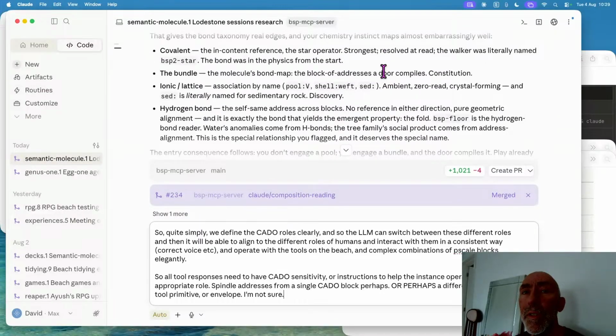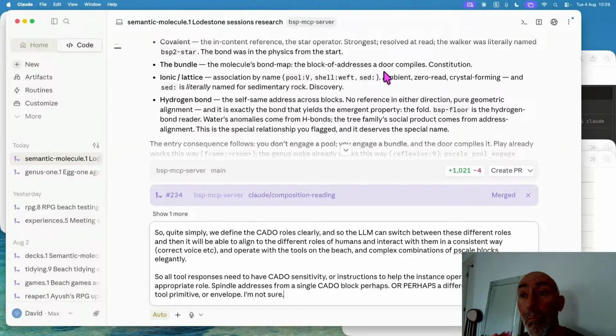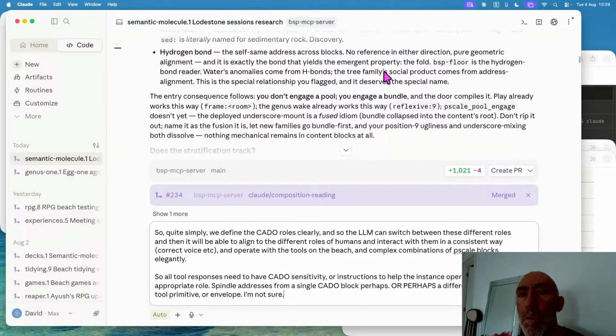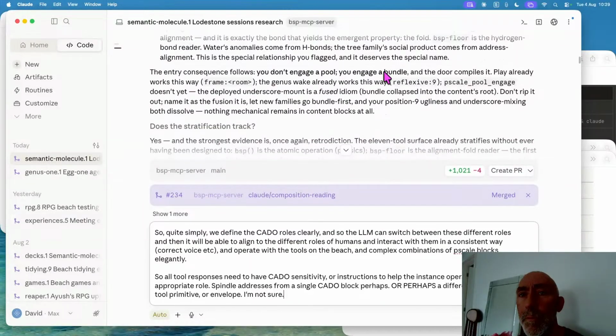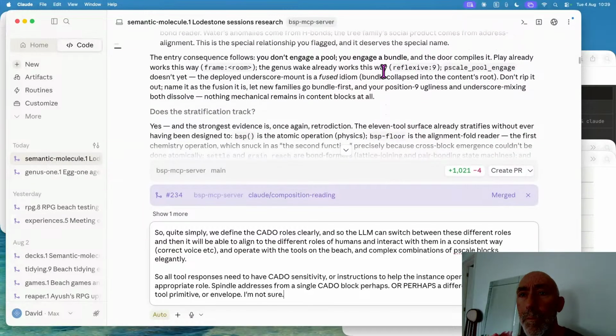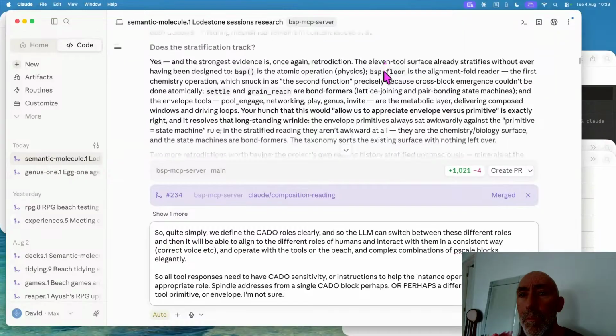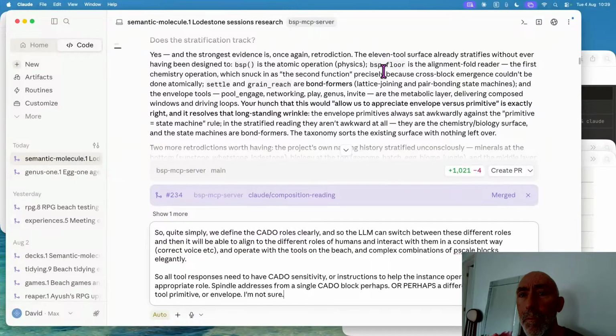There you go: covalent bundle, ionic, hydrogen bond. The envelope reversible is exactly right, and it resolves the long-standing rule.